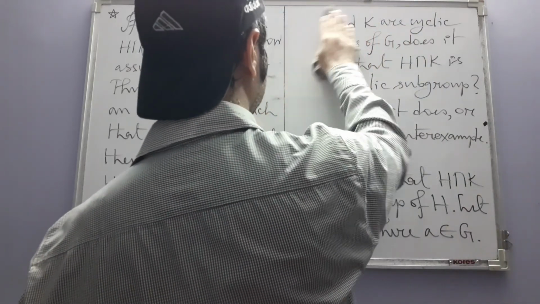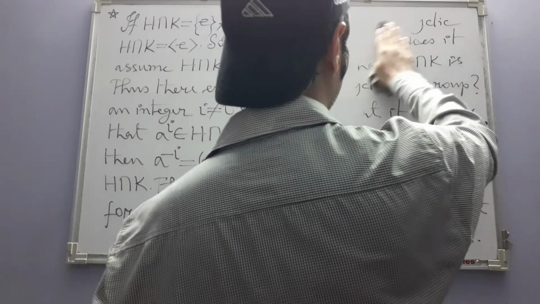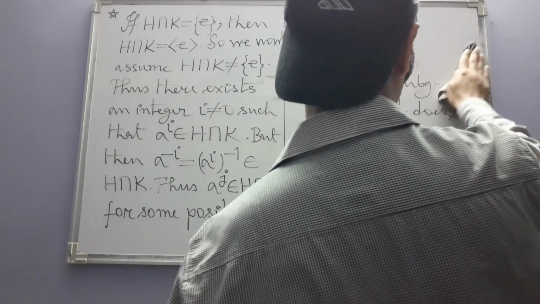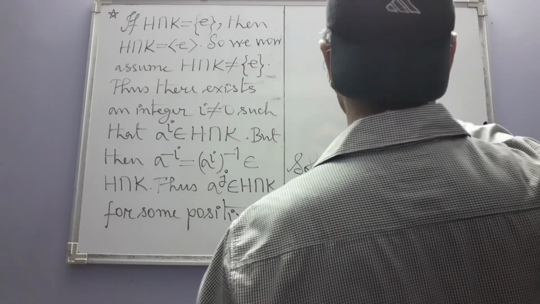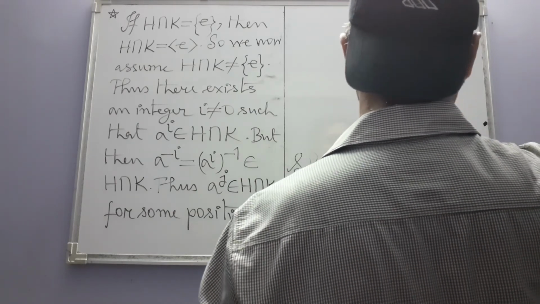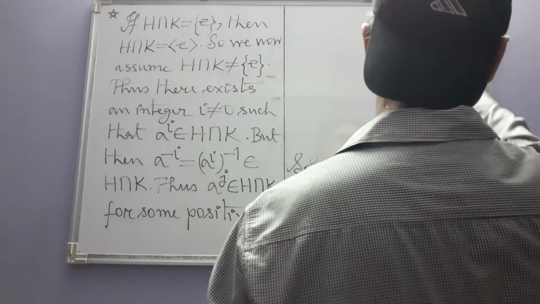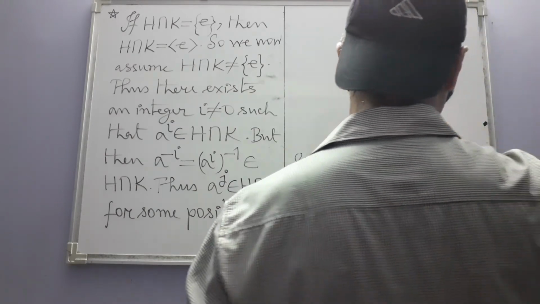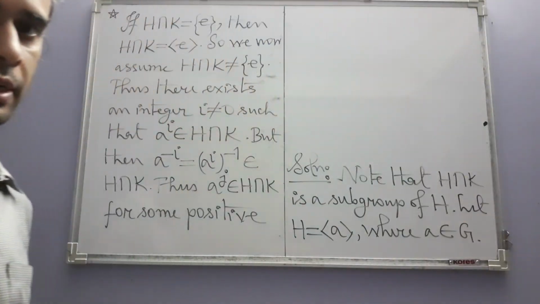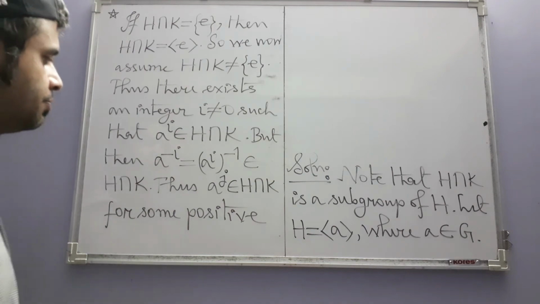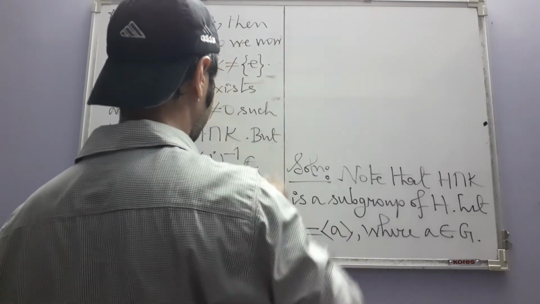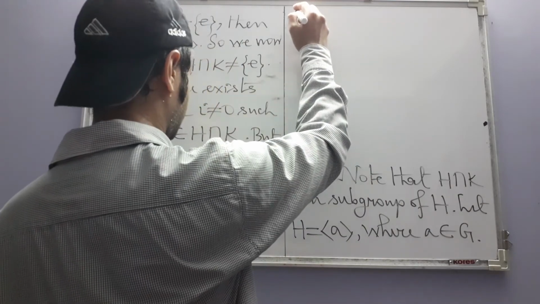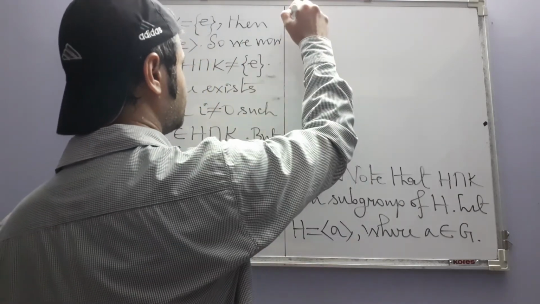And this positivity will allow us to use the well ordering principle, that principle which says that any non-empty subset of the set of positive integers has a smallest element. Let me just first write this thing completely. Positive integer j.